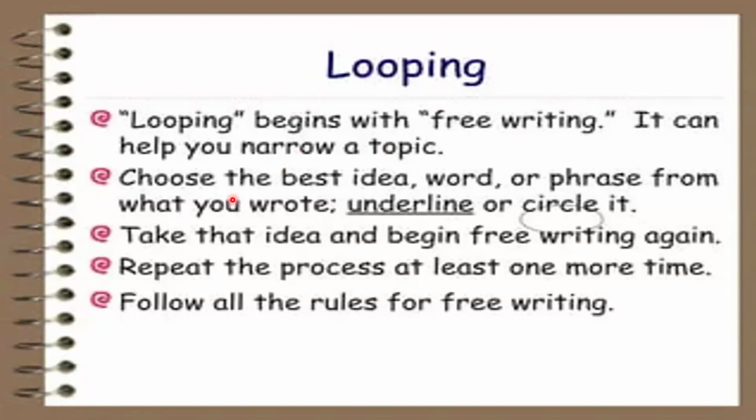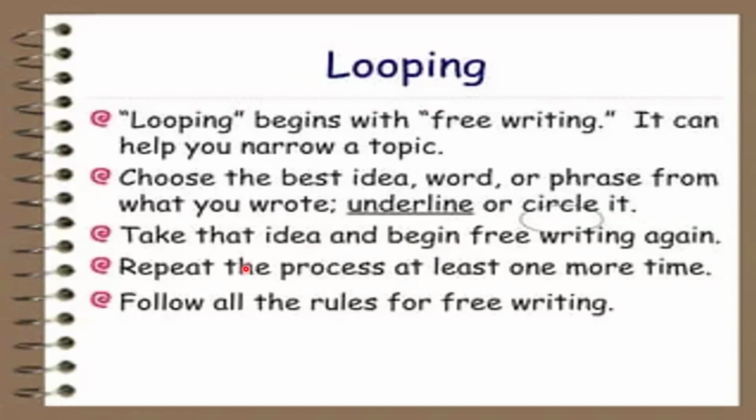Then choose the best idea or word or maybe a phrase from what you have written. Underline it or circle it. For example, if the child has written the word fertilizer, he or she can underline that word fertilizer and again start to free write using that particular word.